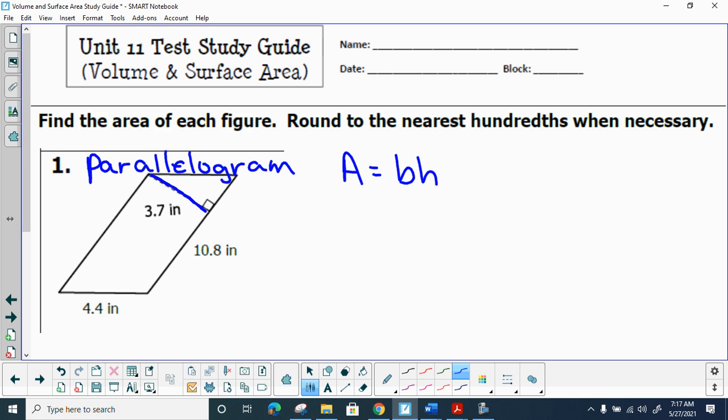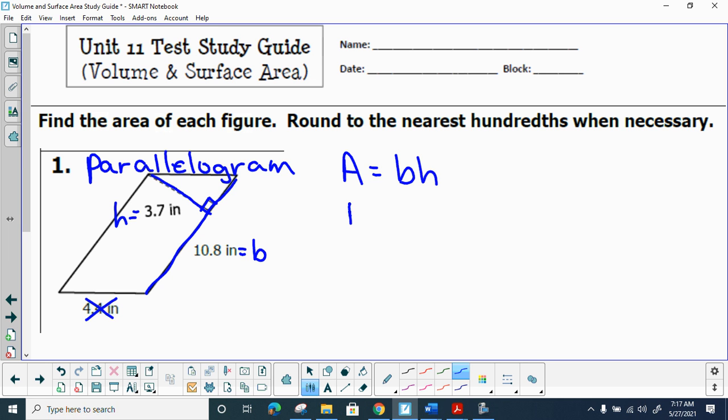So you need to look for the right angle box and get the base, so one of the sides of our parallelogram, and a height which is perpendicular to that base.